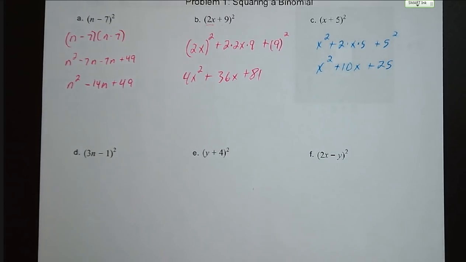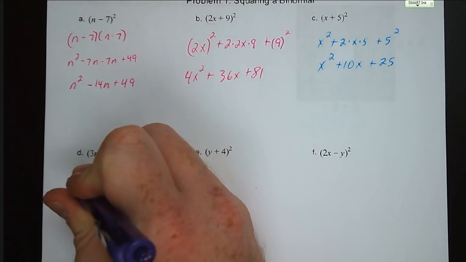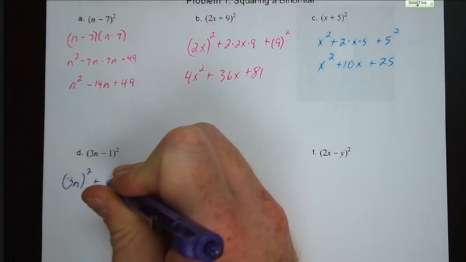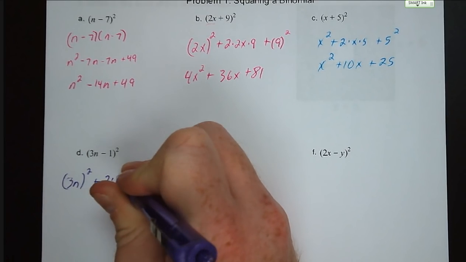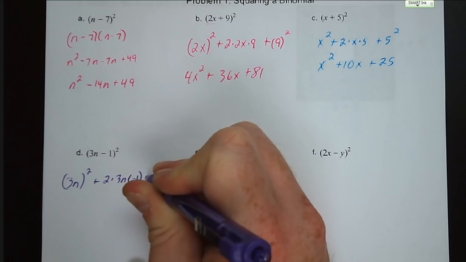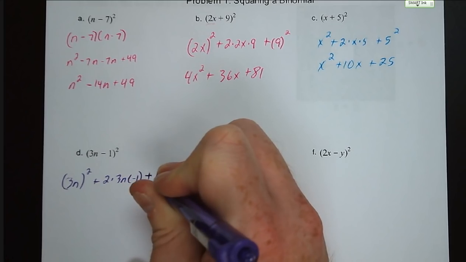Okay. Letter D, we have 3n, the quantity squared, plus 2 times 3n times negative 1 plus 1 squared.